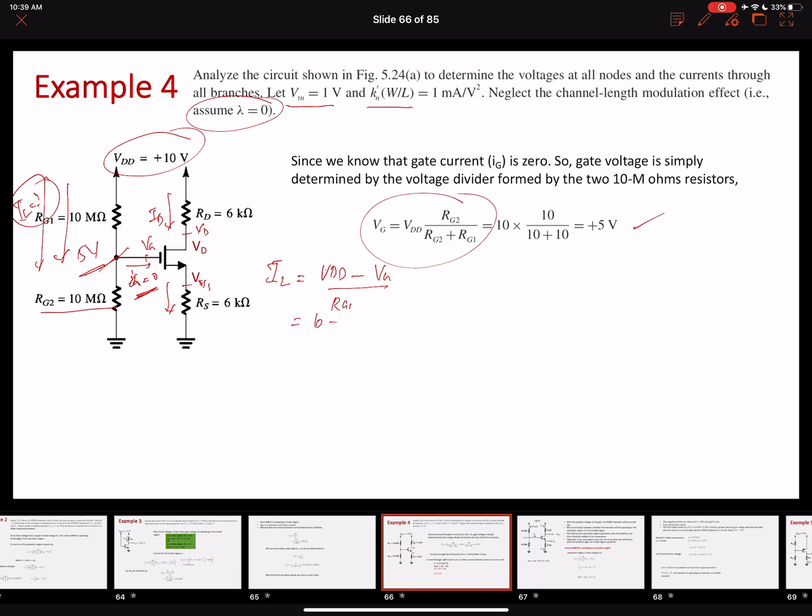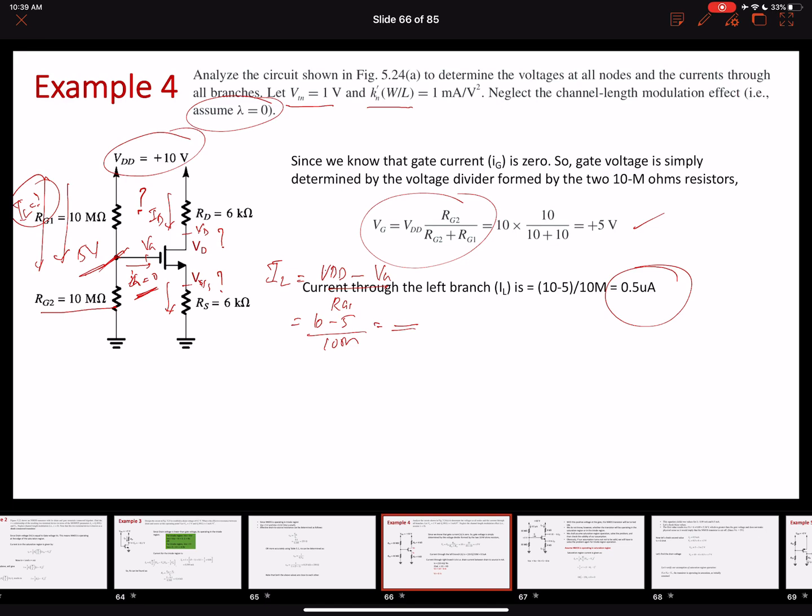That is 10 minus 5 volts over 10 megaohms, and the value comes out to be 0.5 microamperes. So we have found the current flowing through the left branch and the gate voltage. Now we are interested in finding the drain current, the drain voltage, and the source voltage.